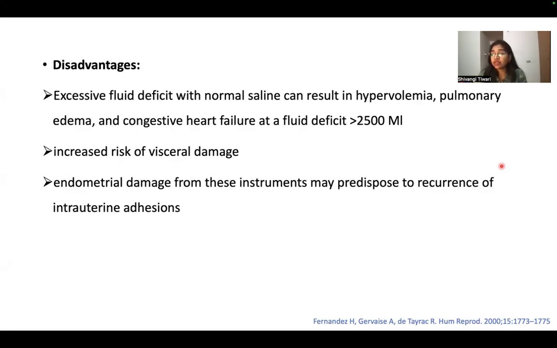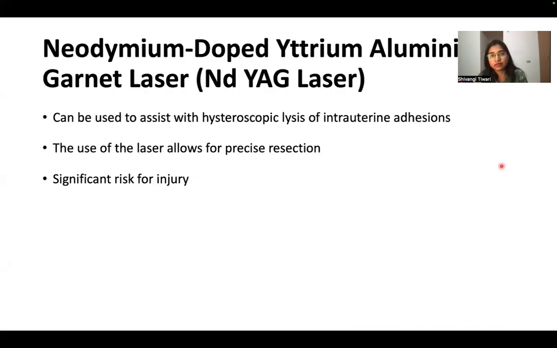But its disadvantages are excessive fluid deficit with normal saline can result in hypervolemia, pulmonary edema, and congestive heart failure. There is increased risk of visceral damage. Endometrial damage from these instruments may predispose to recurrence of intrauterine adhesions.